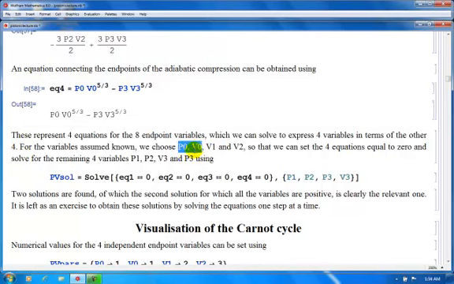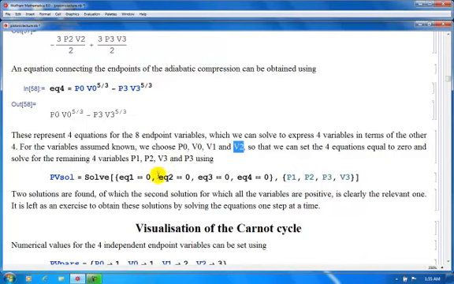In other words, we need to know what the initial state is. We need to know the volume of the system after the isothermal expansion, and the volume after the adiabatic expansion, and then we should be able to solve for all the others.